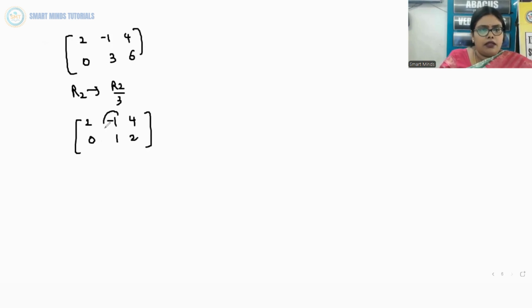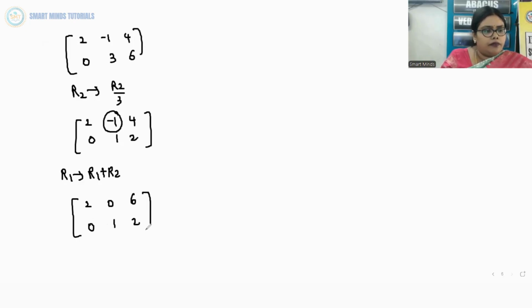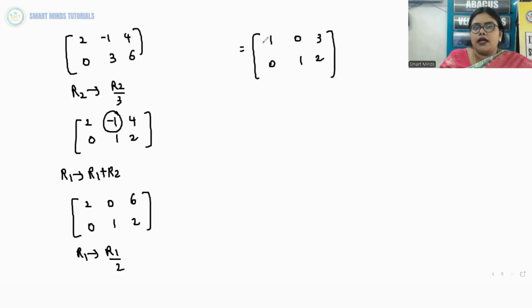Now here I can make this element 0. How? R1 is R1 plus R2. Minus 1 plus 1 will become 0 if you add both the rows. So 2, 0 and 4 plus 2 is 6. Then 0, 1 and 2. Now again you can see 2 and 6 are multiples of 2, so we can take R1 by 2. So that is 1, 0, 3, 0, 1, 2. So you got this in the identity matrix form, right? 1, 0, 0, 1.